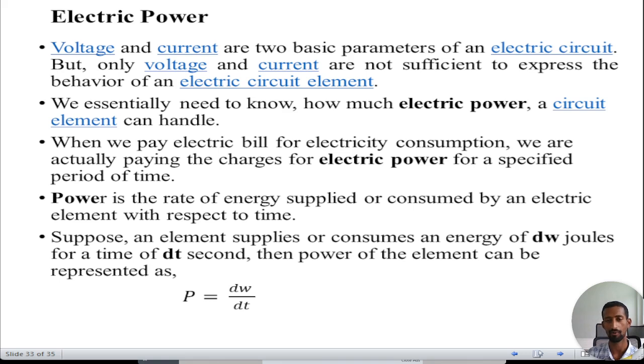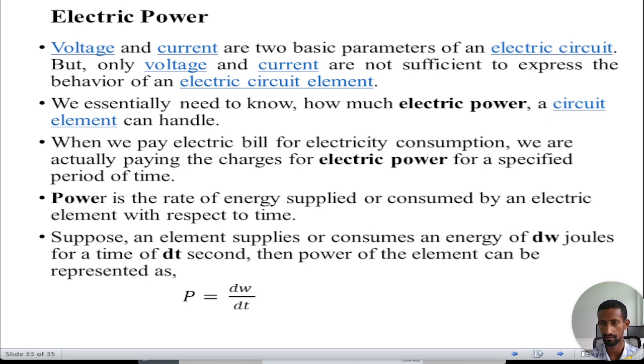What is electrical power? We have already defined it, but let's look at it in depth. Voltage and current are two basic parameters of an electric circuit, but voltage and current alone are not sufficient to express the behavior of an electric circuit element.